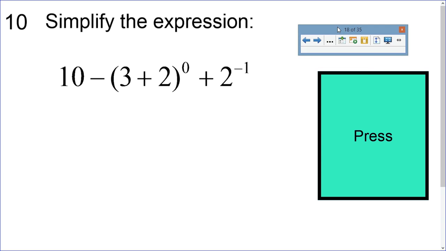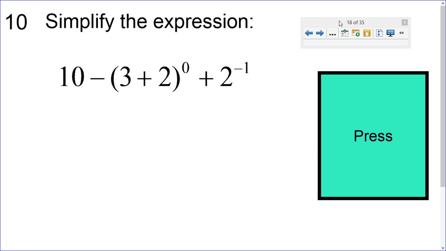Ooh, simplify the expression. Now we're dealing with questions where we have to actually do some work and a little bit of order of operations in order to figure out what the value is. So we're going to simplify this into one number. If you remember order of operations, you perform the operation inside your grouping symbol.